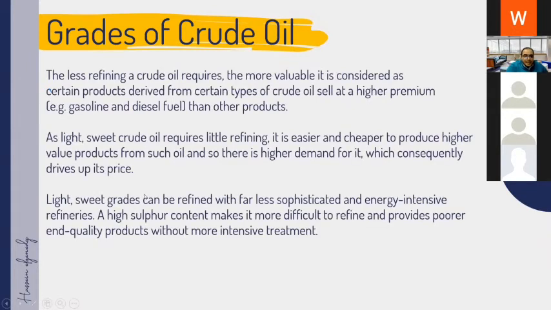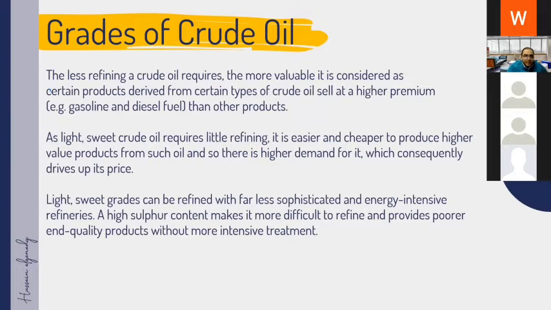As we mentioned, a crude requires less refining when it is light and has little or no sulfur content. That's why it's considered to require less refining. This means its value will increase when it needs only a small amount of processing, not a very large amount, and not a complicated process to refine it.